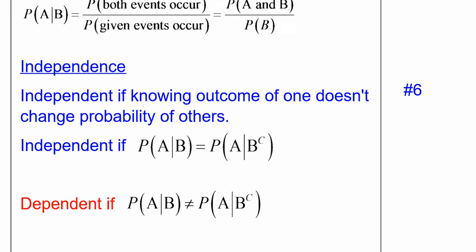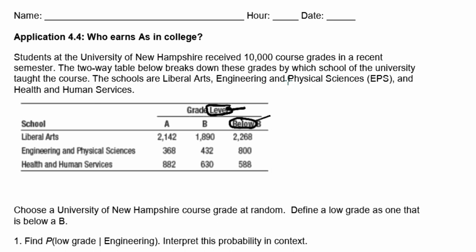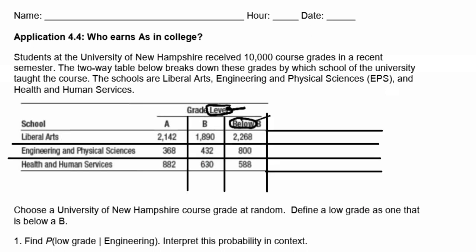So based on our activity today, you're going to take a look at your application for 4.4, and you have your two-way table established here. Remember, always, with your tables, whether they're two-way tables or three-way tables, four-way tables, you always want to extend the sides so you can look at totals to help you look at your probabilities.